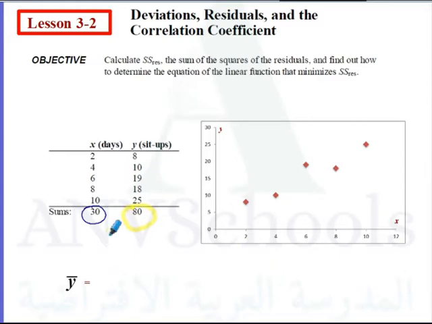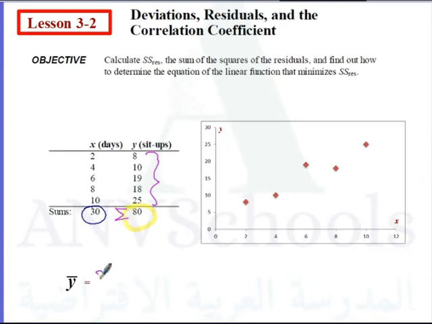So what is very keen here is that the average or mean of the y values would be taken as, now we could take the average of this by getting the sum of all the sit-ups. So our sum actually is 80, right?